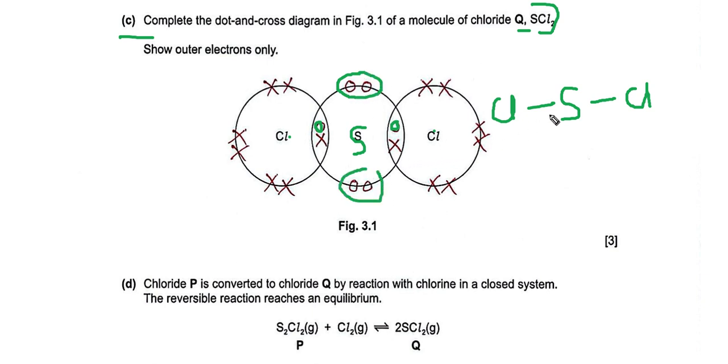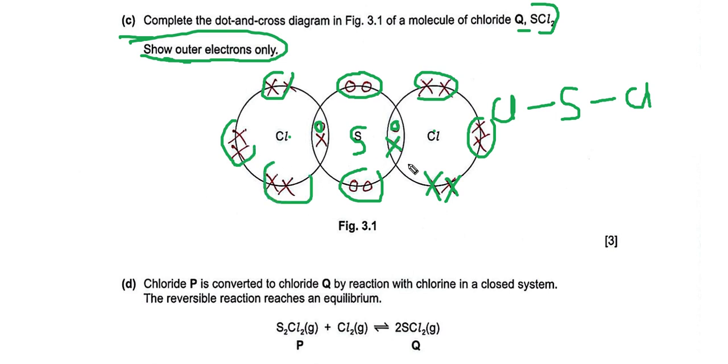Chlorine is in group 7, so it gives 1 electron in bonding and has the remaining 6 electrons in its outer shell. Show the outer electron shell only: 2, 4, 6. This is the dot and cross diagram for sulfur dichloride.